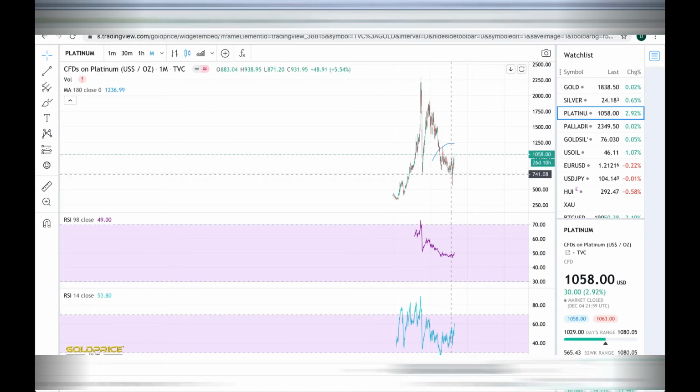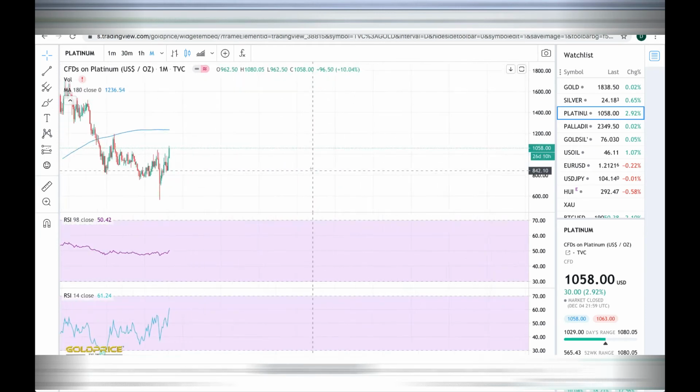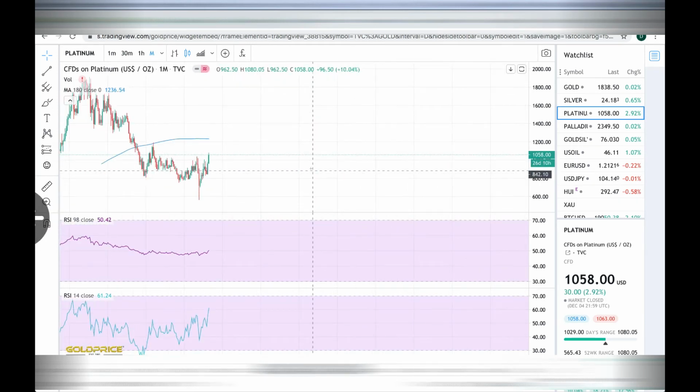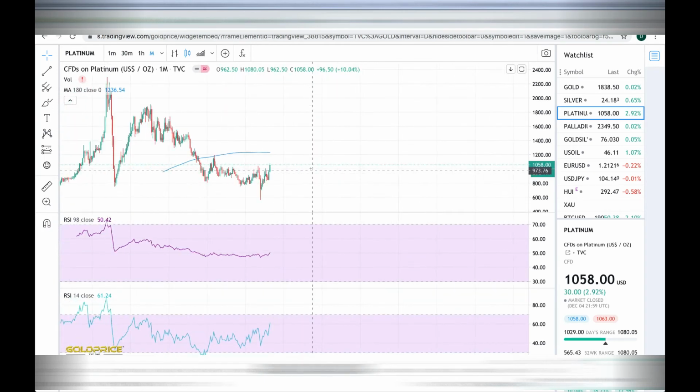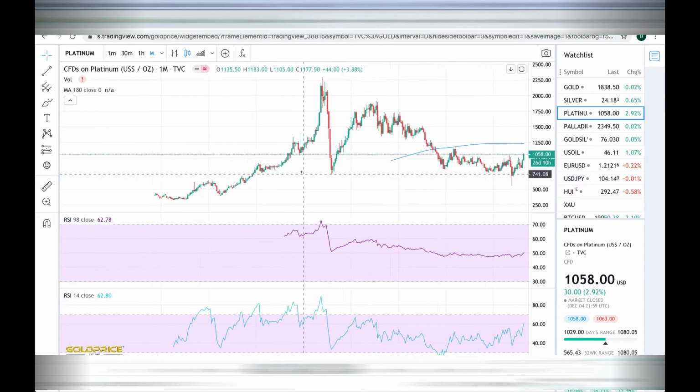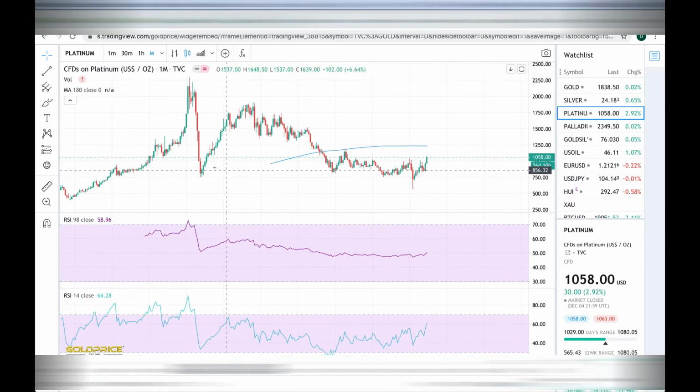Now I think it's still relatively low, but it's not as low as it could be. You didn't buy in the lows. The lowest low would be in here, by $800. It was completely undervalued. $800, $700 was relatively undervalued. This point is the bottom of platinum, and this is just a little bit above the bottom.